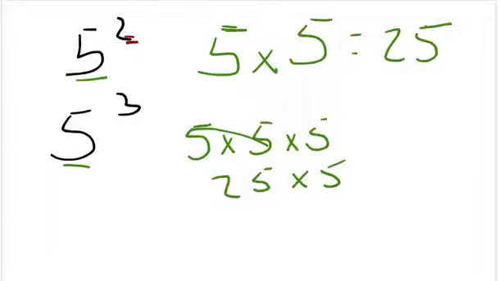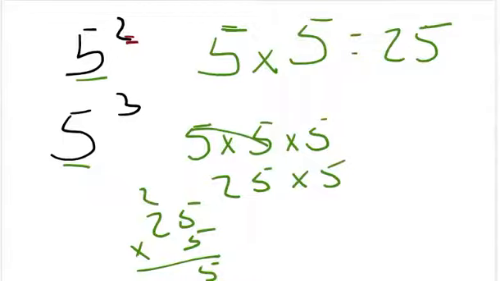Now, what if I don't know 25 times 5 off the top of my head? What can I do? Yep, you're right. The great answer there is writing it out and showing my work. So 25 times 5, I'd write it out this way. 5 times 5 is 25. 5 times 2 is 10, plus 2 is 12. So my answer of 5 to the third power is 125.